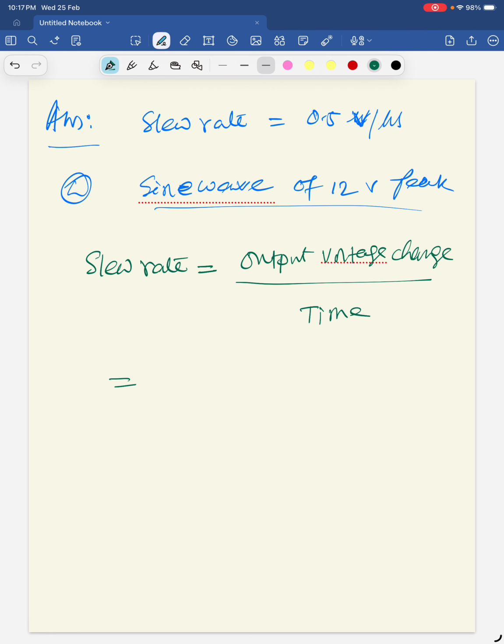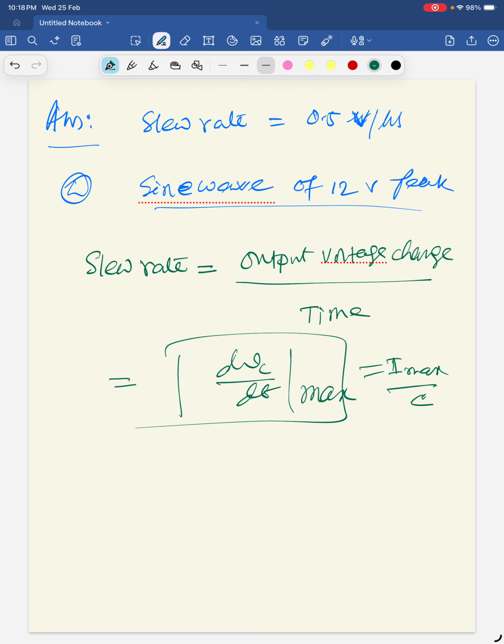So that means dVc/dt, the rate of change of output voltage, maximum rate of change of voltage. dVc means output voltage in time t. So d/dt of Vc, we can say that, or I max by C. So we will remember this one, dVc/dt.